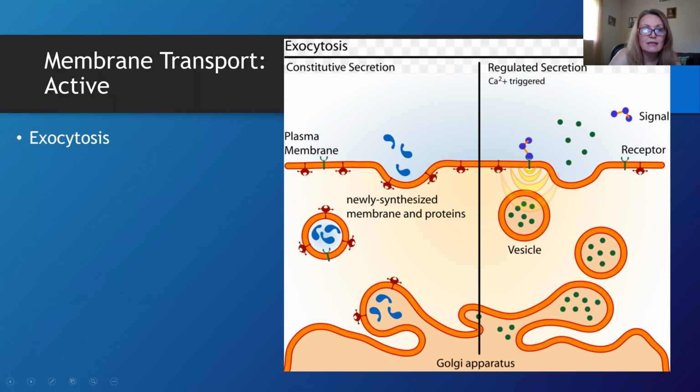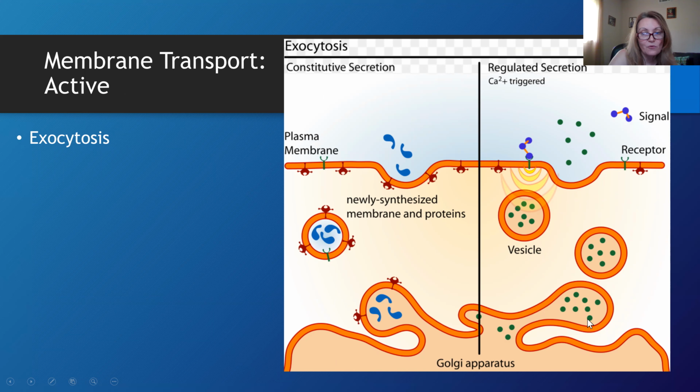Okay, and this one is exocytosis, right? Exocytosis is movement of particles outside the cell, and it can be continuous secretion. In this diagram, vesicles are formed from the Golgi apparatus with whatever the cell is secreting, and this vesicle moves towards the cell membrane, fuses with the cell membrane and releases those substances out of the cell. Or it can be regulated secretion.